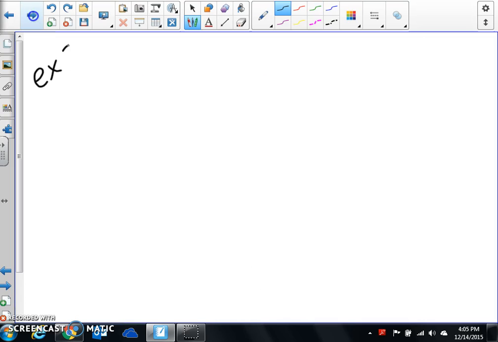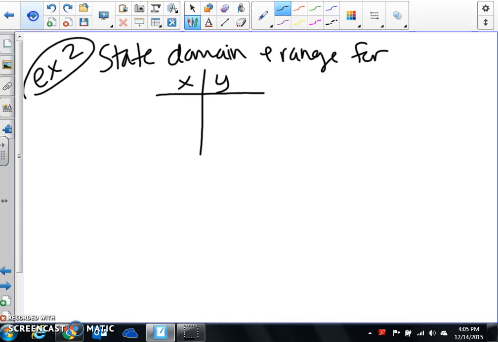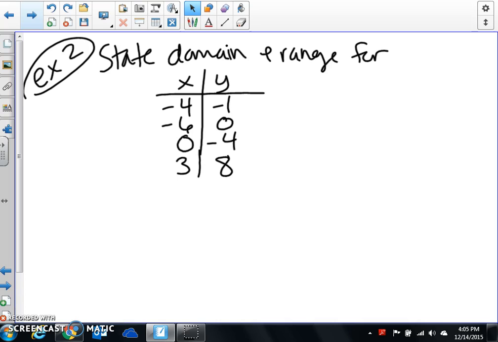Another way they could ask us is from a table. Let's say state domain and range for this table. Once again, we write DOXRAY.